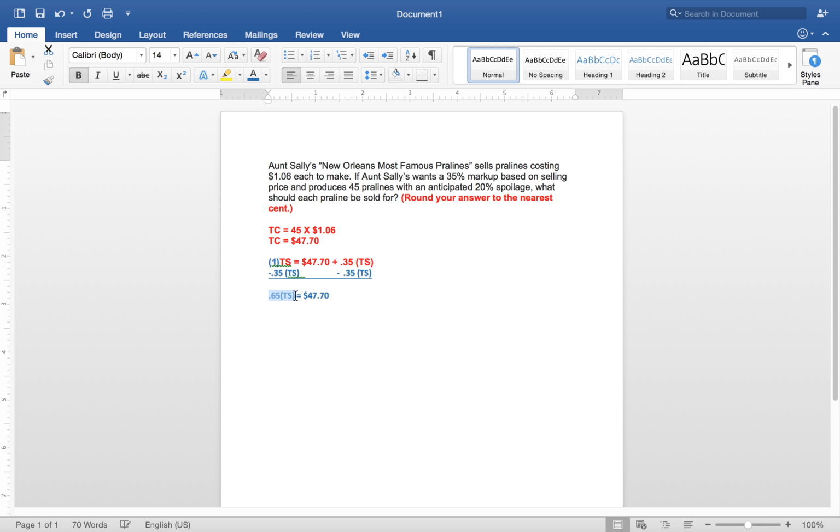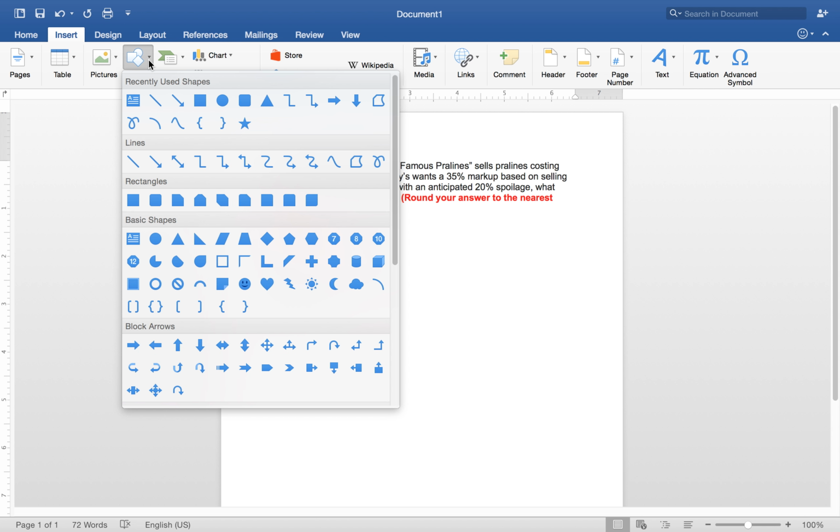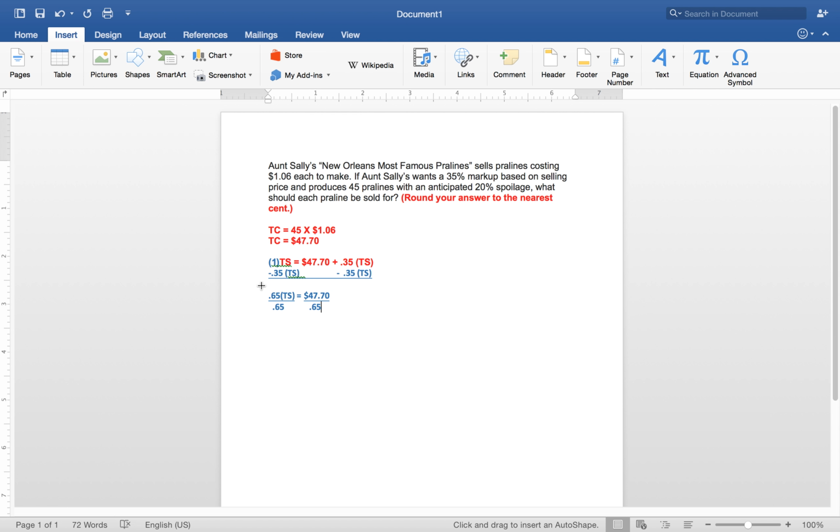Now we're still trying to isolate TS. So we're going to divide out 0.65.